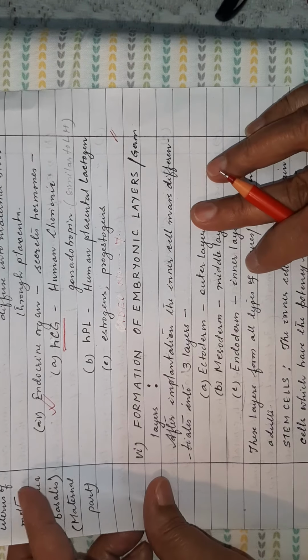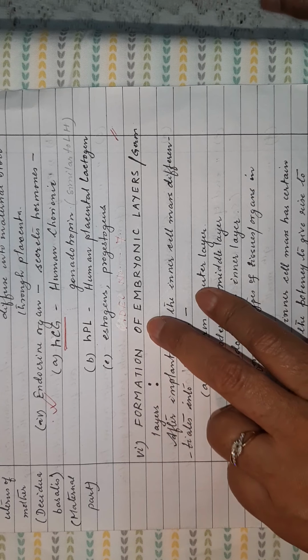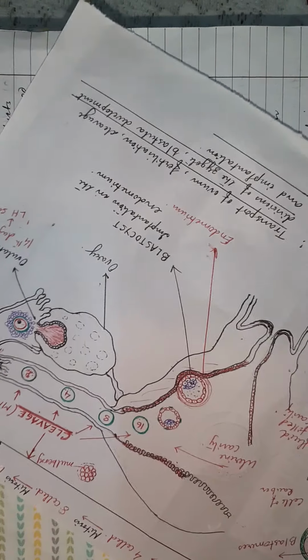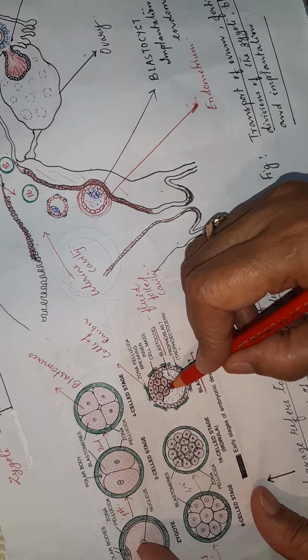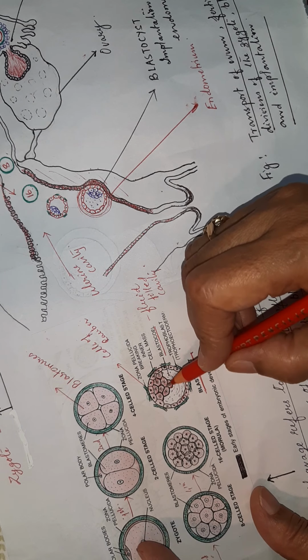Then we come across the formation of embryonic layers. This is the embryonal knob, or the inner cell mass.